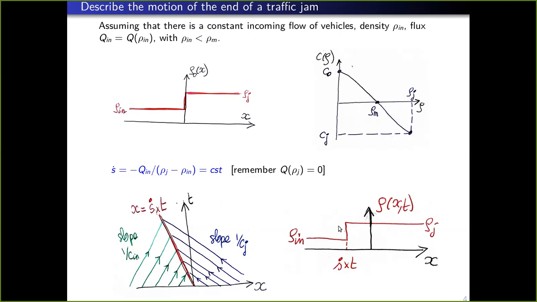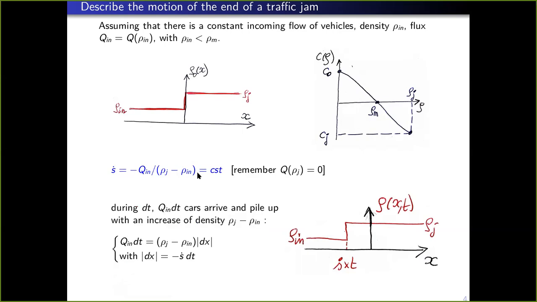One way to understand this formula, again, is to derive it very simply as follows. During dt, the number of incoming cars is the incoming flux q in times dt, and they arrive at density rho in and pile up with an increase of density, rho j minus rho in.